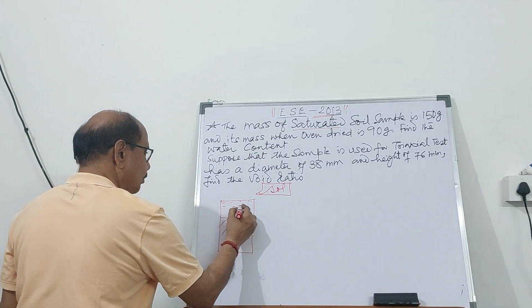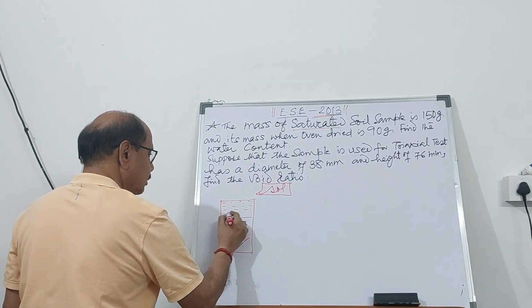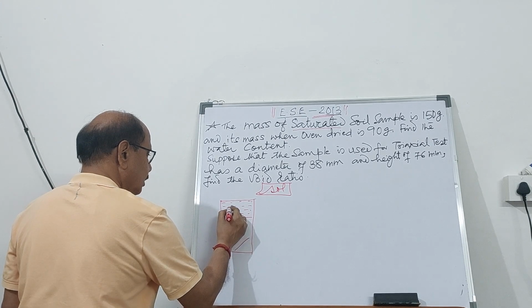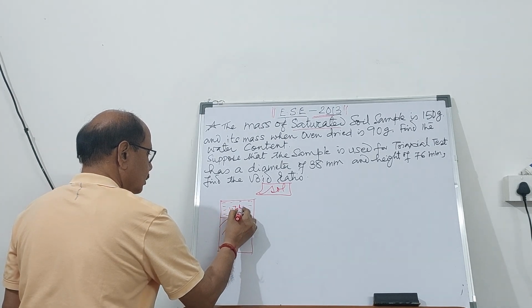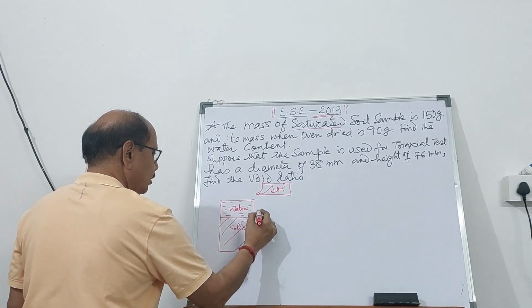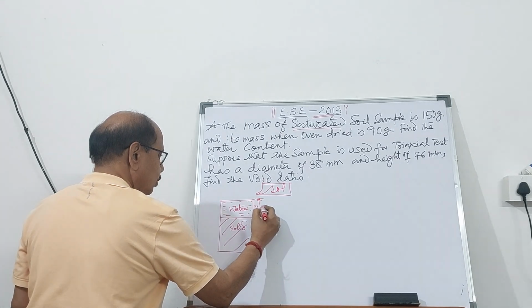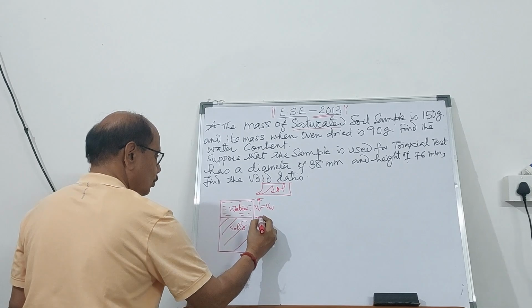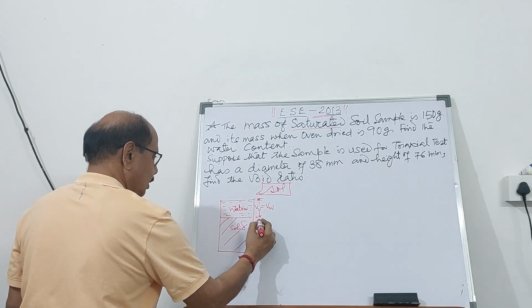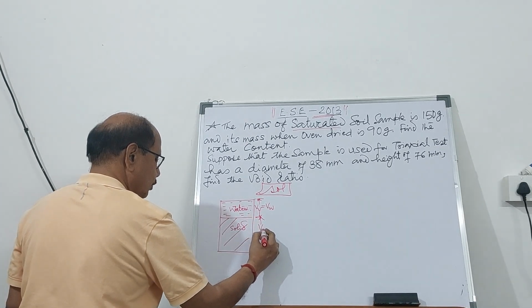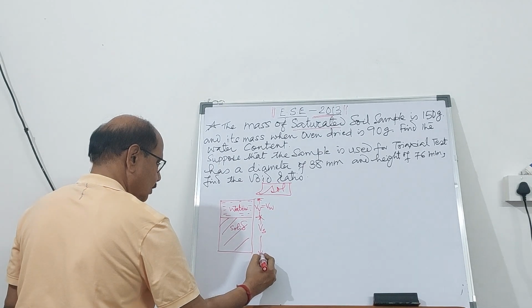So the void is completely filled with water. So this becomes the volume of void equal to volume of water. And this is the volume of soil solids.